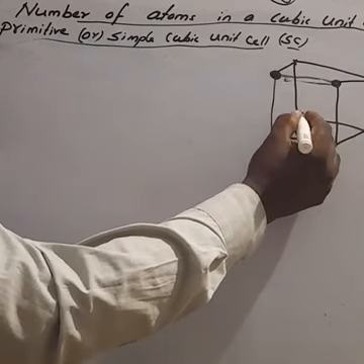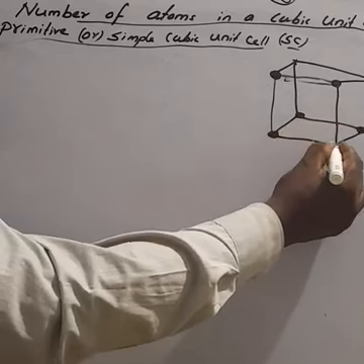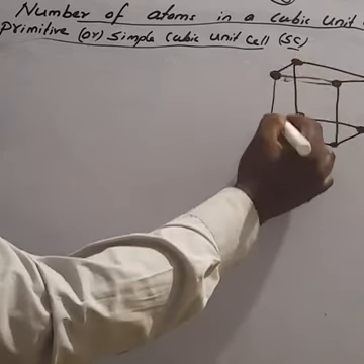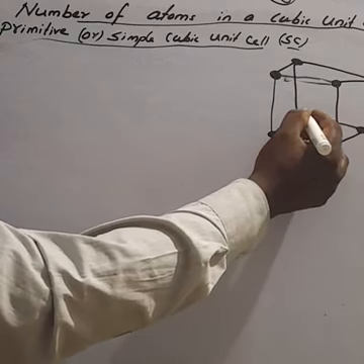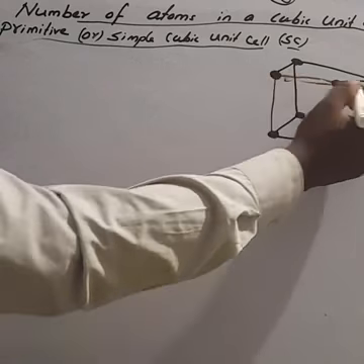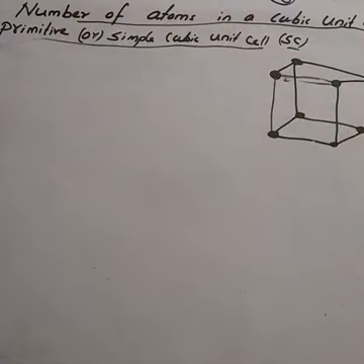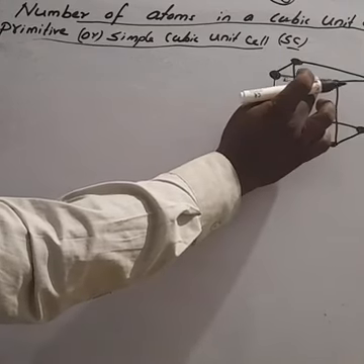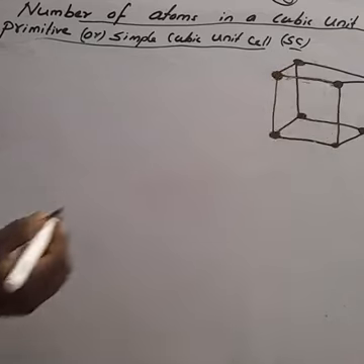An identical atom is present at each corner. How many corners are here? 1, 2, 3, 4, 5, 6, 7, 8. Am I right? In the simple cubic cell, each corner is occupied by an identical atom, ion or molecule.